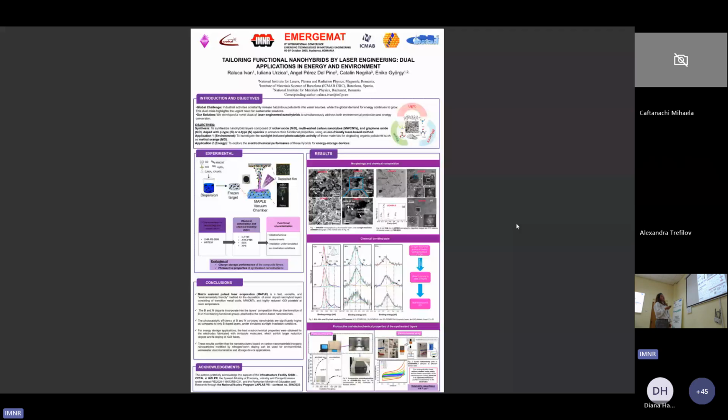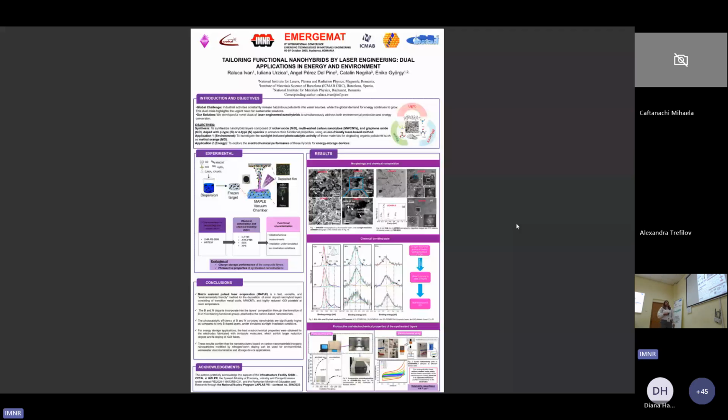Also the FFT patterns confirmed the crystallinity of our sample. Furthermore, the XPS analysis also confirmed the reduction of graphene oxide during the laser processing, and the incorporation of nitrogen and boron in our layers.